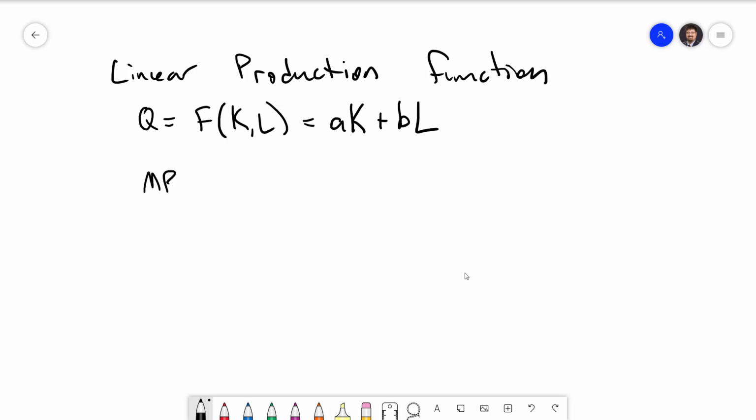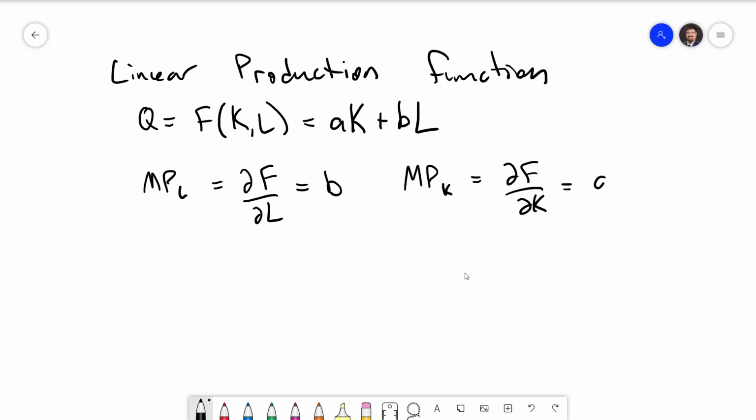The marginal product of labor of the linear production function will be the partial with respect to L. The AK term does not contain an L, so that drops out, and we're just left with B. The marginal product of capital is the partial with respect to capital. That's just going to be A. This is a very important feature of the linear production function.